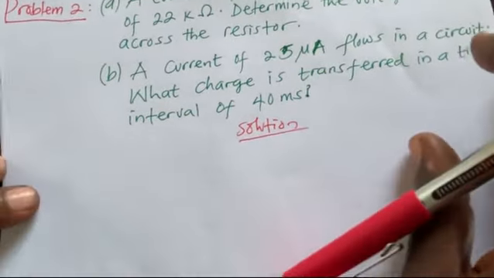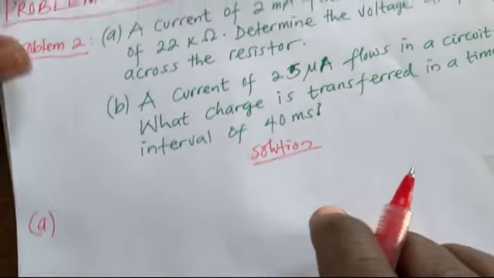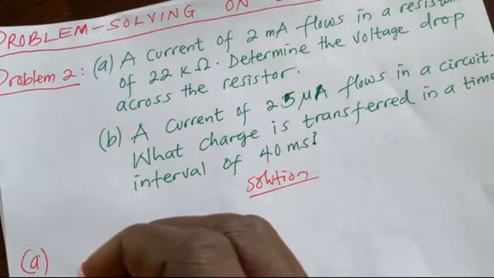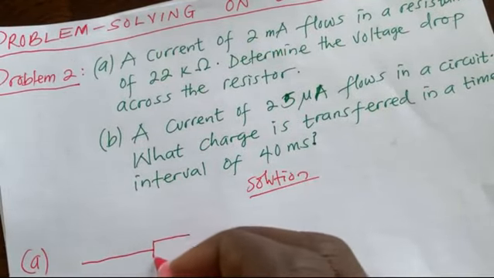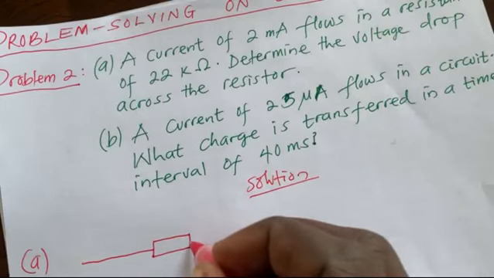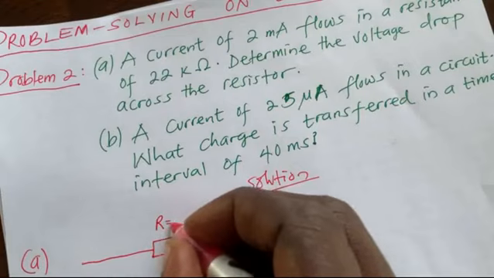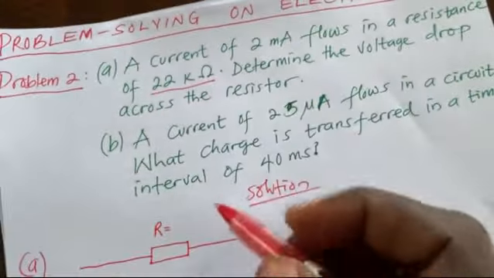Let's start with the A part of the problem. According to the A part, let's try drawing the scenario. You have a resistor, a standard resistor. The value of that resistor, capital R, is given as 22 kilo ohm.